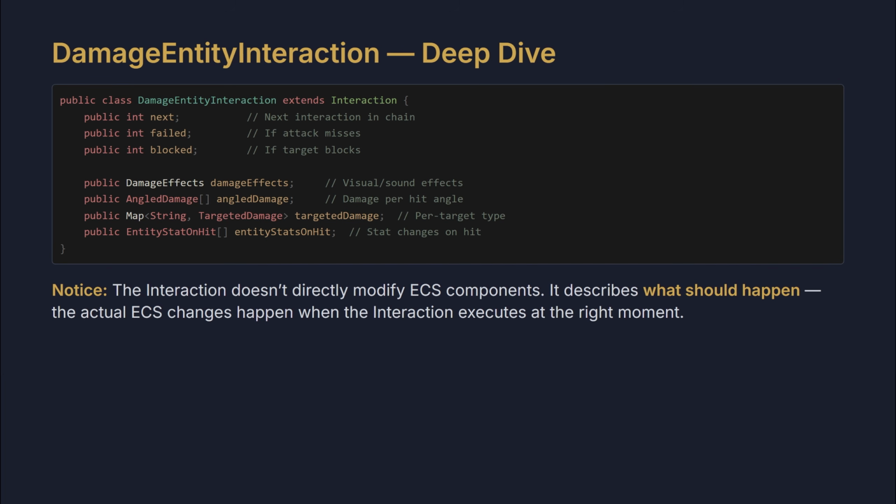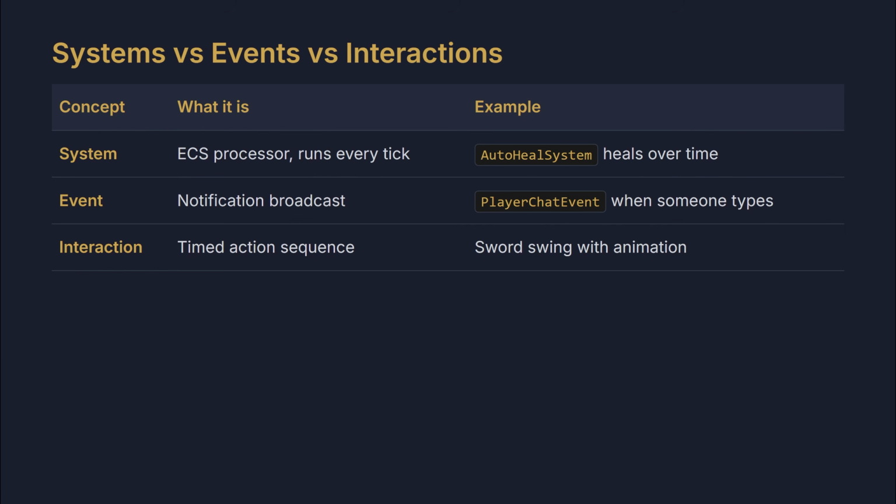And the interaction doesn't directly modify ECS components, as I just said. It describes what should happen. The actual ECS changes happen when the interaction executes at the right moment. So we need to differentiate between systems versus events versus interaction. So a system, like the ECS processor, runs every tick, like an auto heal system heals over time.